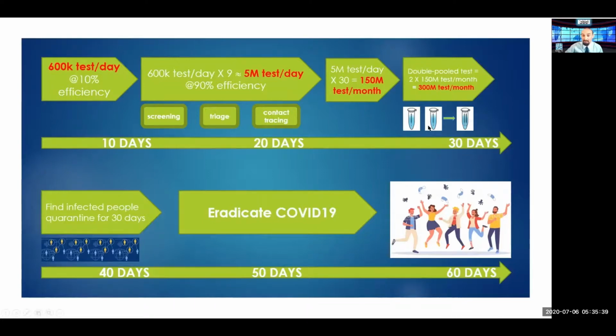But if one test is positive, this means that at least one of the people is positive. So we quarantine both of them. If we do this in 1 month, then we can wait another month after quarantine, and we can totally eradicate COVID-19.